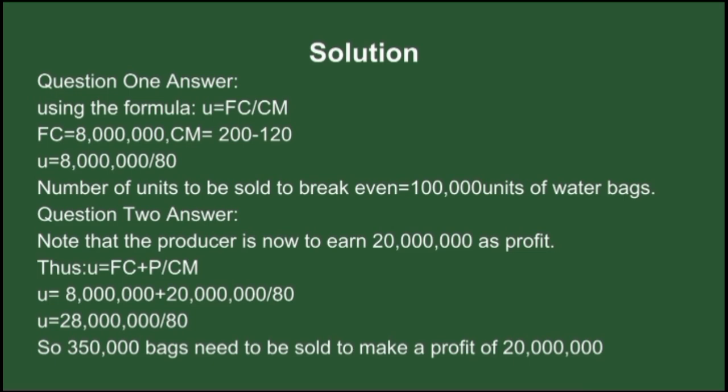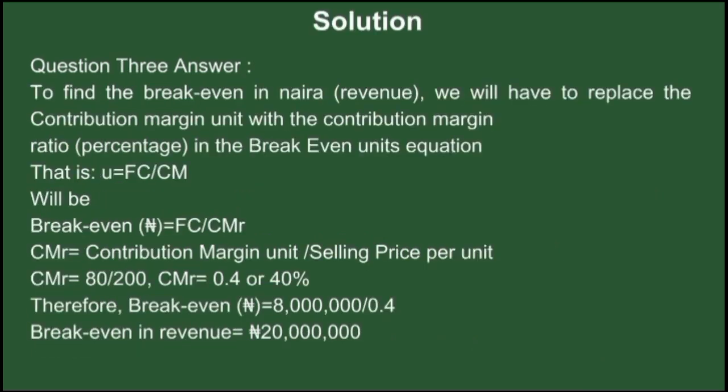FC plus P, which is fixed cost plus profit, divided by contribution margin. Now, U becomes 8 million naira plus 20 million naira profit divided by 80 naira, that is contribution margin. The units to be produced will now be 28 million divided by 80. So we have 350,000 bags that need to be sold to make a profit of 20 million naira.